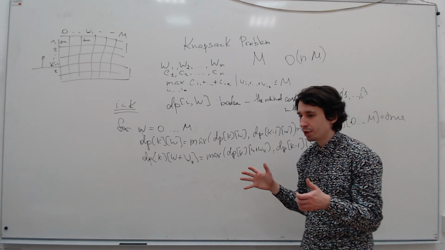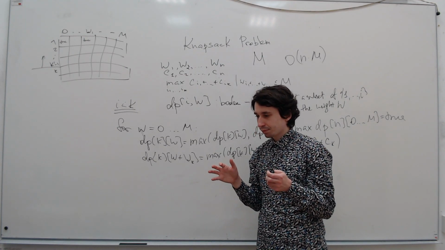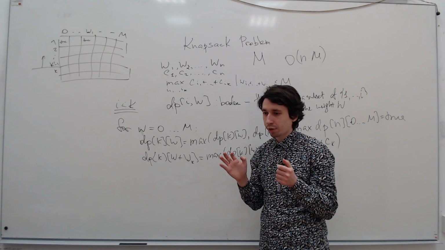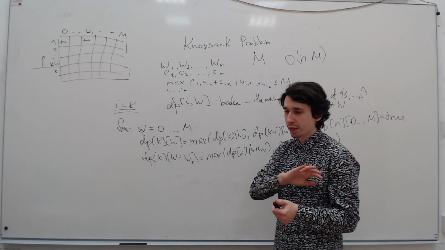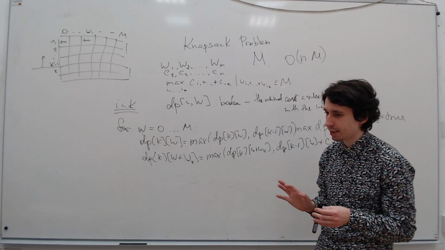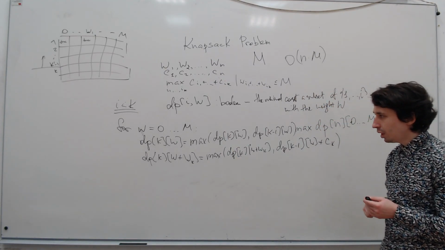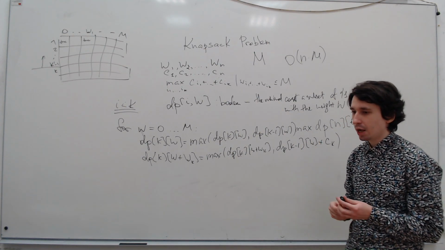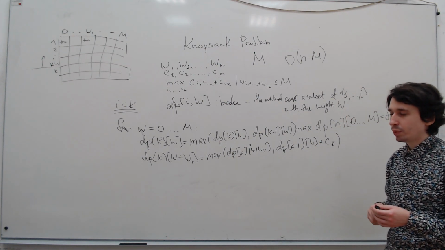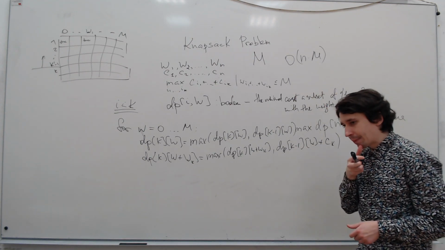So right now we are not bounded with one element per type. Right now we can take any number of elements of the same type. How should we change the program a little bit so it will calculate what we want at the same time.